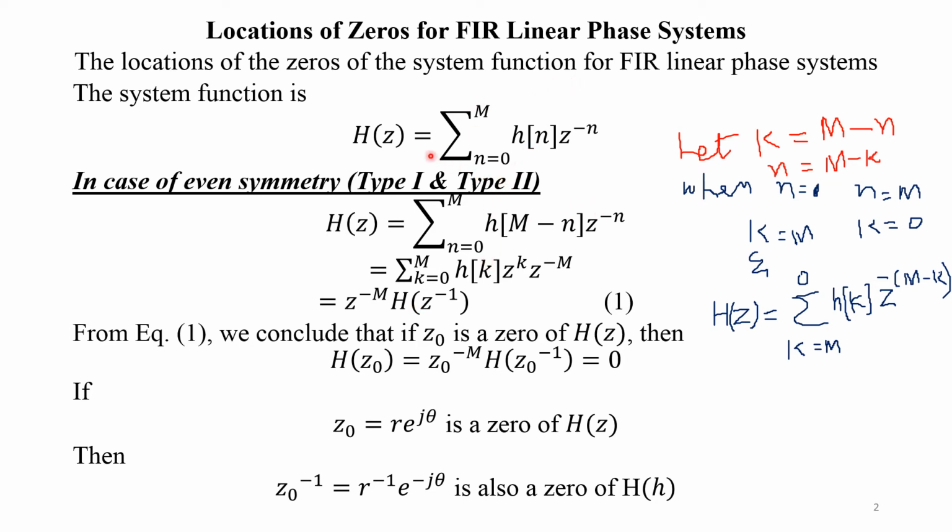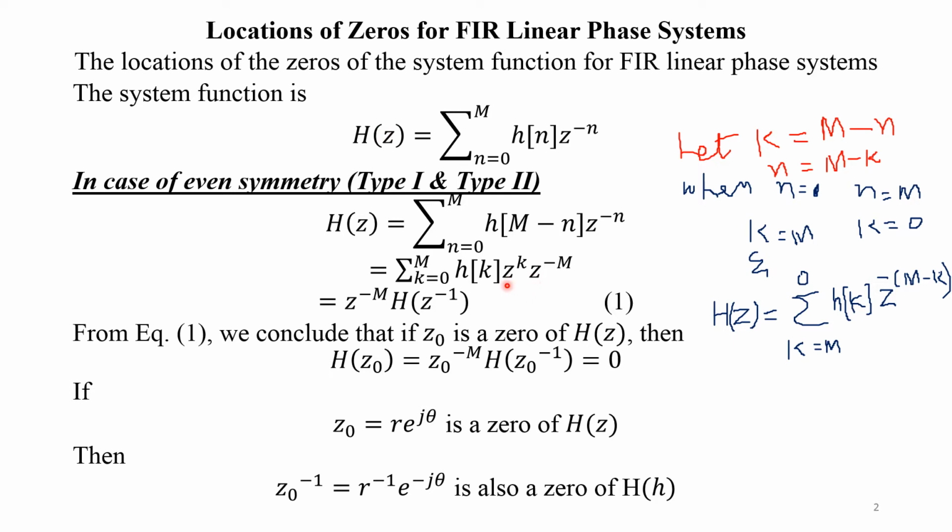So you understand that a change of variable doesn't affect anything. If we have n, then we have n running from 0 up to M, h of n. If we have k, then we have k running from 0 up to M, h of k. Now if we look at the standard equation, this is equal to H of z.